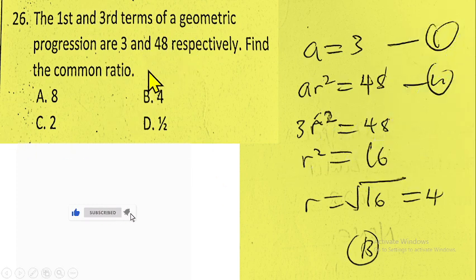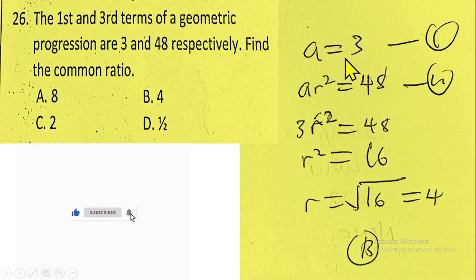Question number 26 is from sequence and series. The first and the third term of a geometric progression are 3 and 48 respectively. Find the common ratio. The first term of a GP is a, which is 3, and the third term of a geometric progression is ar squared, which is 48. So we can substitute the value of 3 into equation 2.